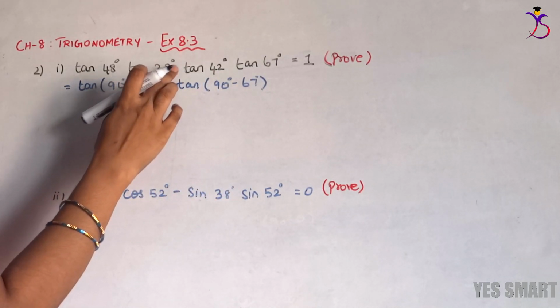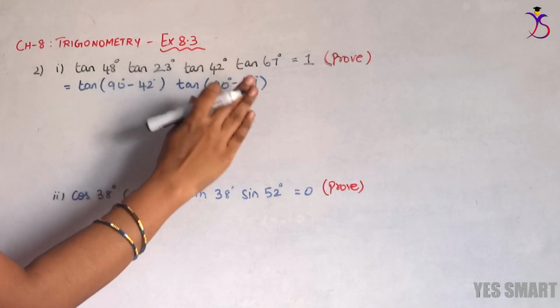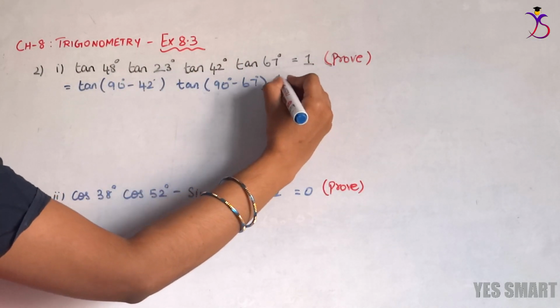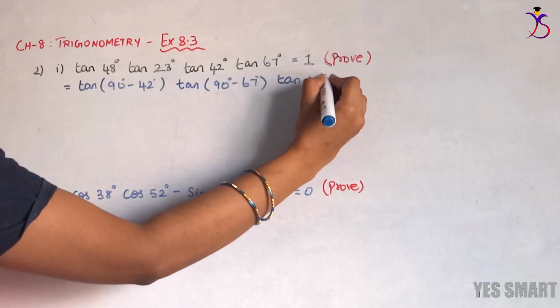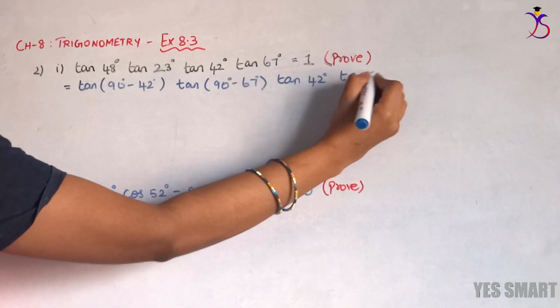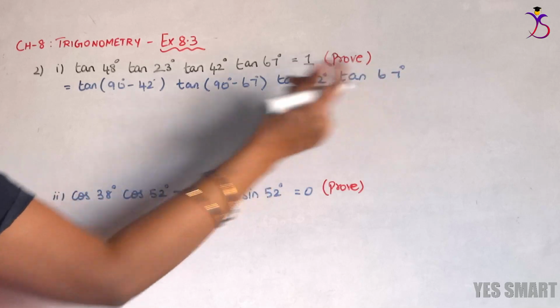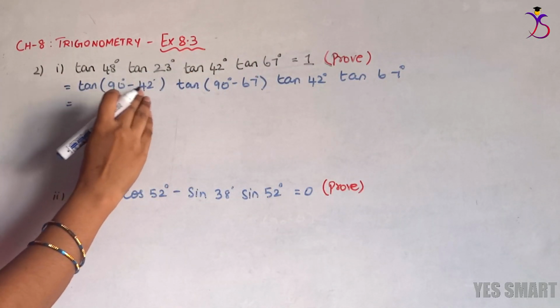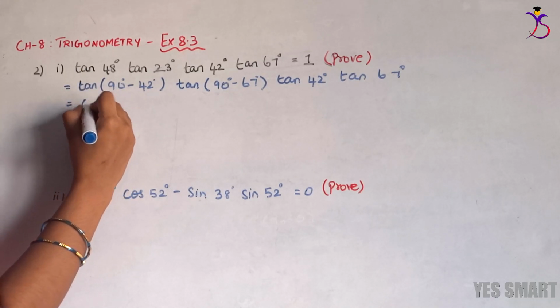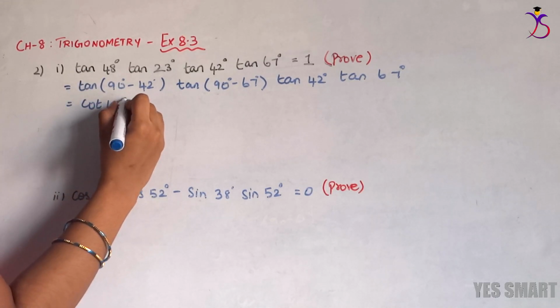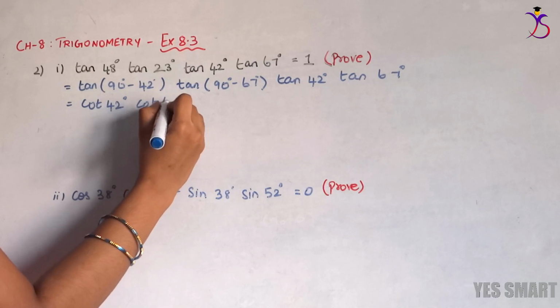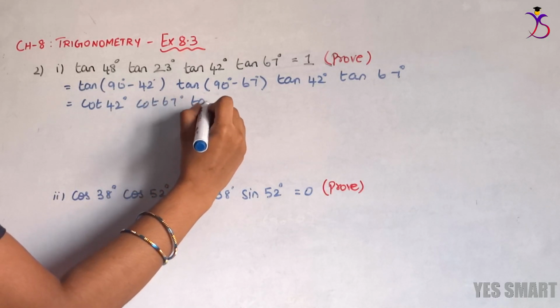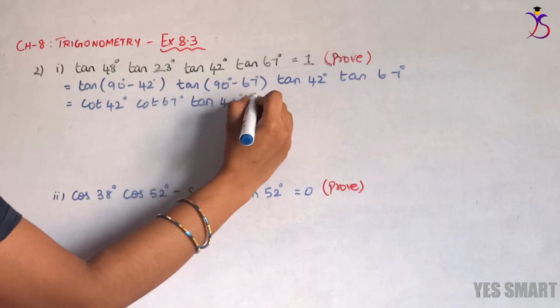The rest of the two terms I am just keeping as they are, tan 42 and tan 67. We already know that tan 90 minus theta is cot theta. Therefore tan (90 minus 42) becomes cot 42, and similarly tan (90 minus 67) becomes cot 67. The rest of the two terms I am just putting down.